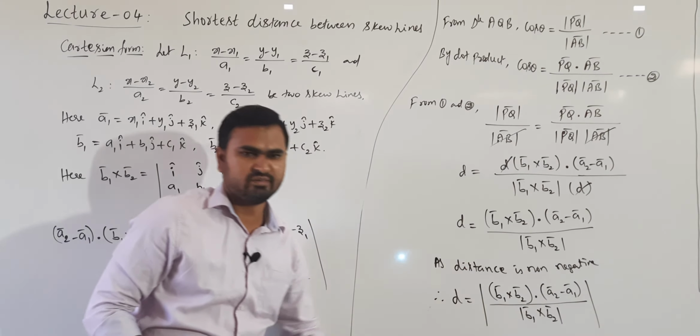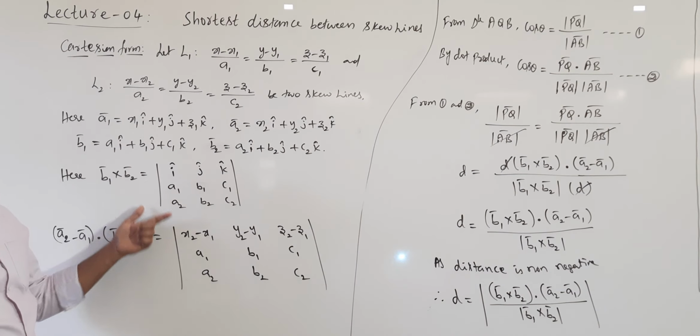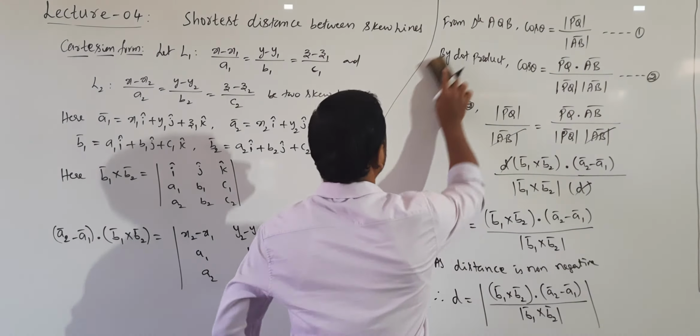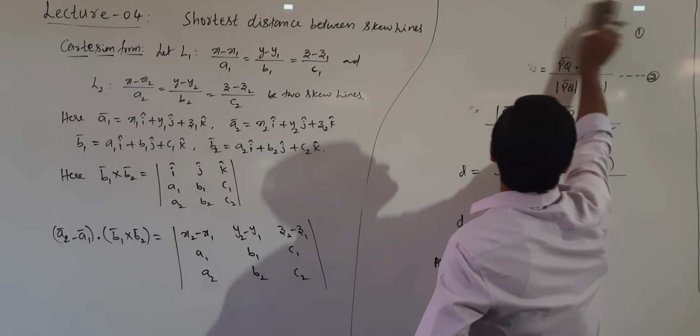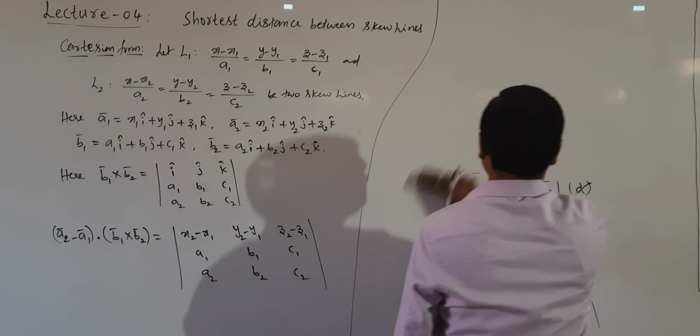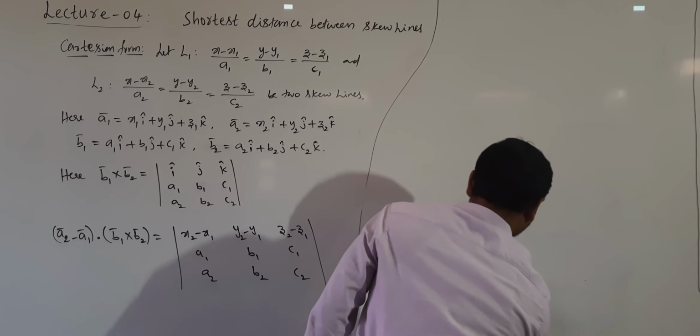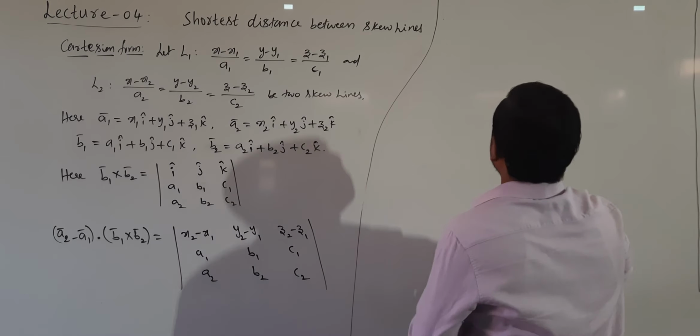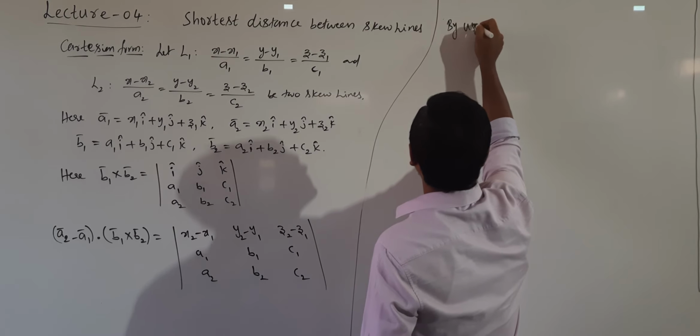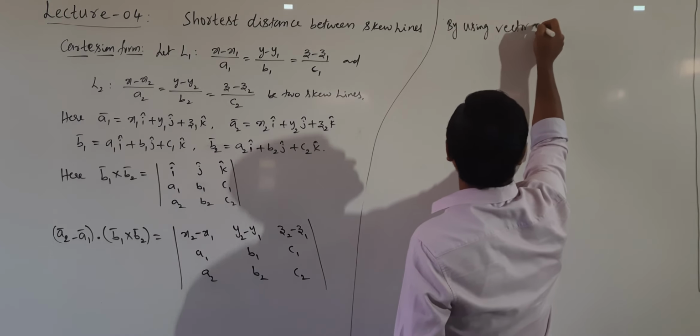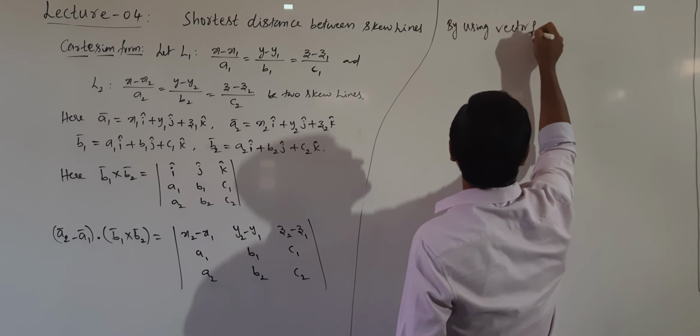Now denominator is nothing but the magnitude of this vector. Okay. So now by using the vector form, we can write the formula in Cartesian form. By using vector form, d is equal to what we are writing, modulus of a2 minus a1 dot b1 cross b2 divided by magnitude of b1 cross b2.